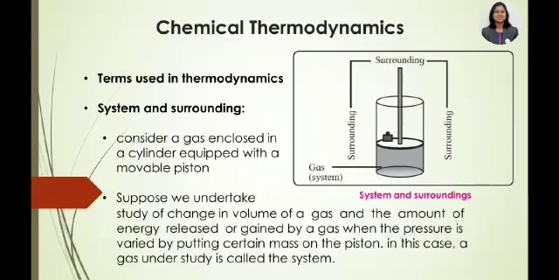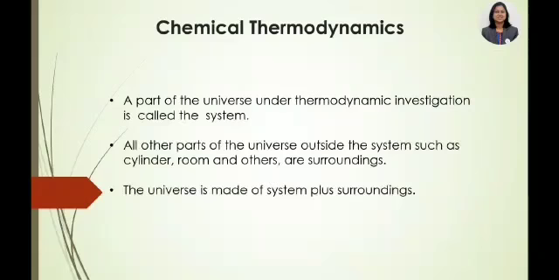In this case, the gas is under our interest or our study. So this is called the system. A part of the universe where thermodynamic investigation is being done is called the system.